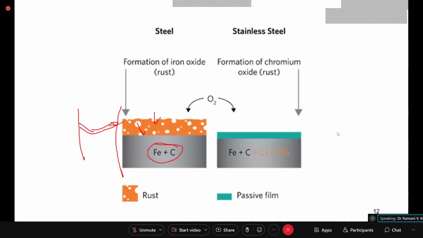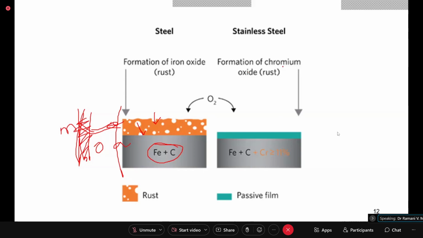So oxygen will diffuse here, and the corrosion will continue at this interface, where this is metal, this is oxide and this is air. You will find that corrosion goes on.